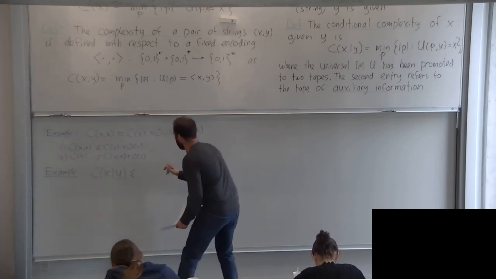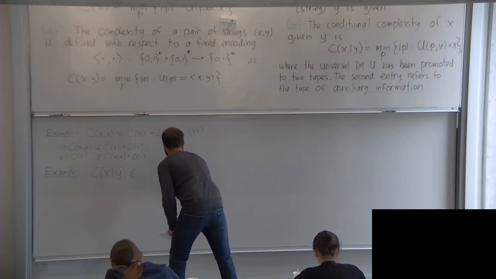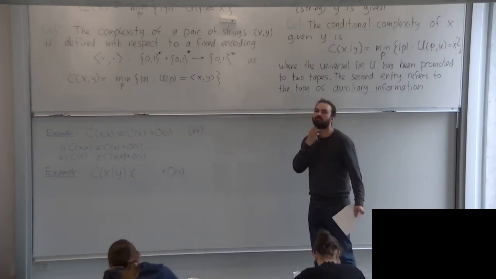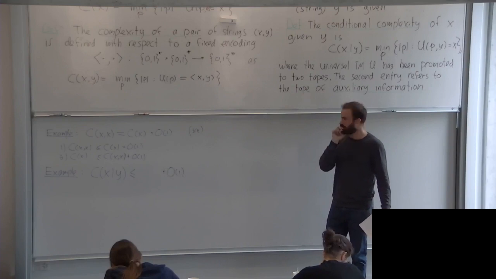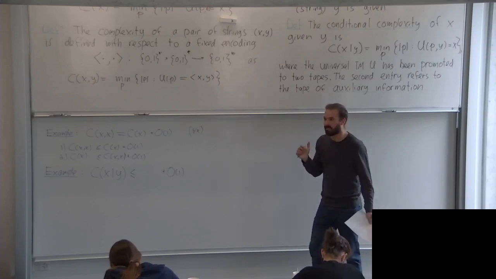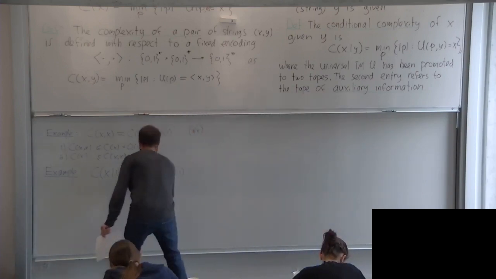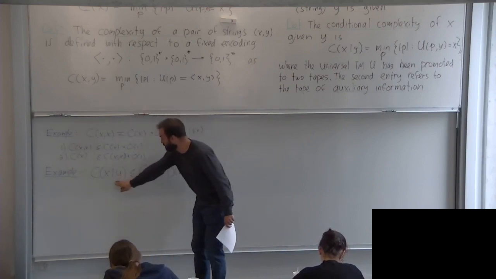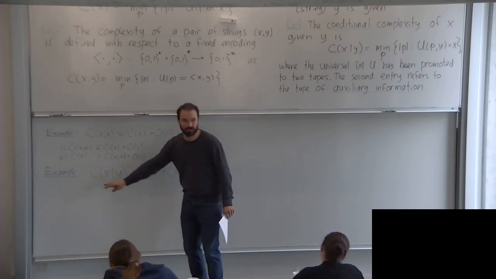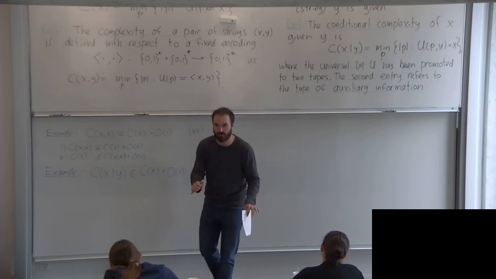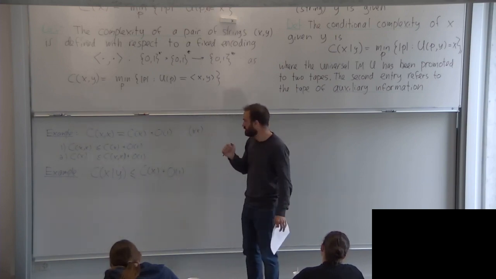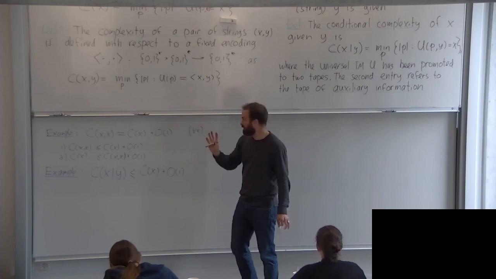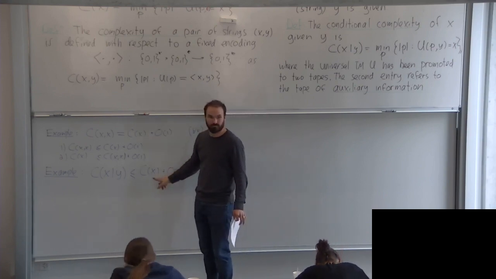Smaller or equal than something plus O of 1, as usual. C of x, correct. If I give you side information y to produce x, you're looking for short computer programs or short algorithms. Well, one thing you can do is completely ignore it and produce x from scratch.